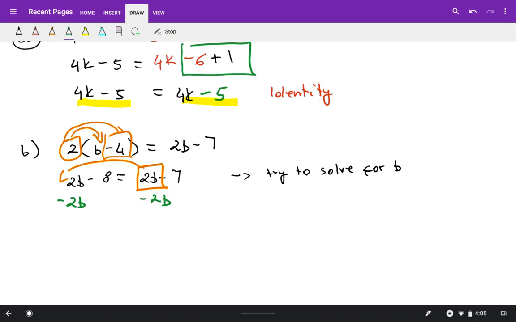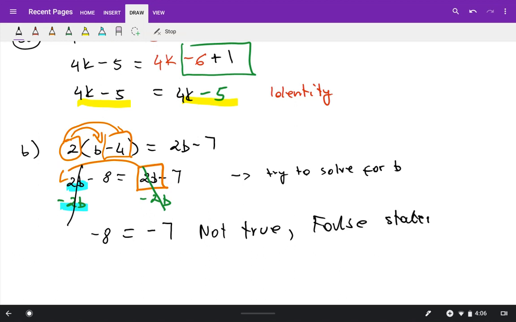On the right side, 2b minus 2b is 0, so we only have negative 7. On the left side, 2b minus 2b is also 0, so we end up with negative 8 equals negative 7. This is definitely not true. This is a false statement. So when you have a false statement, you have a contradiction.